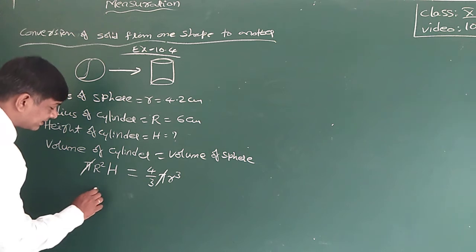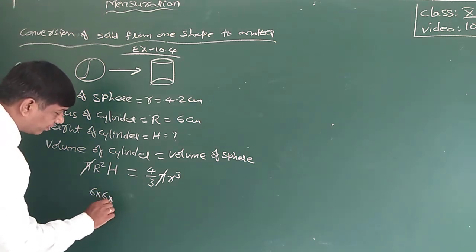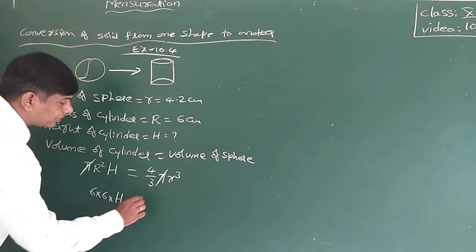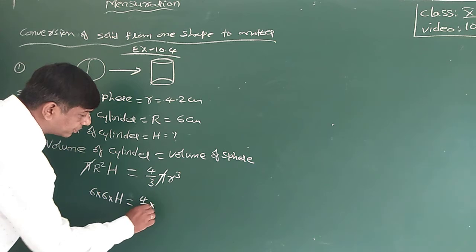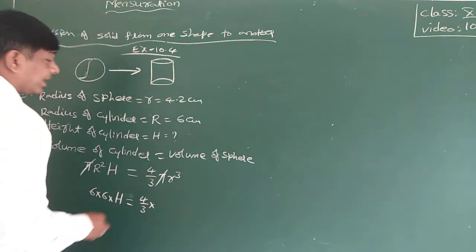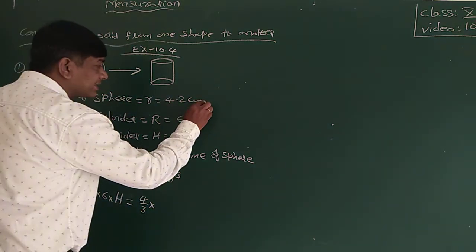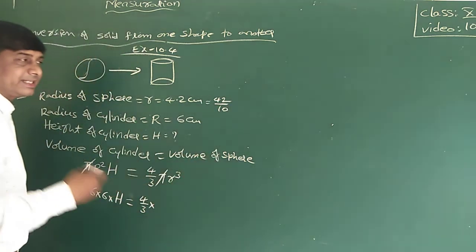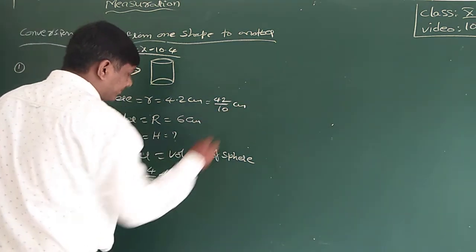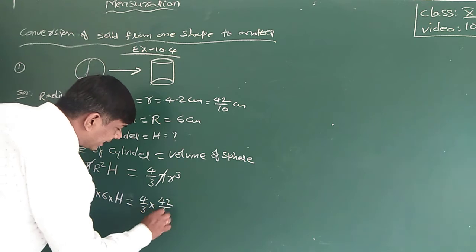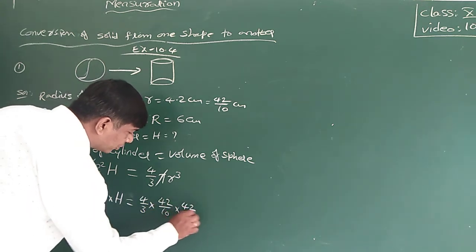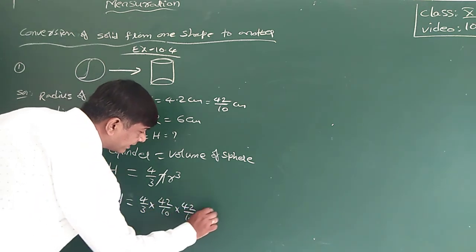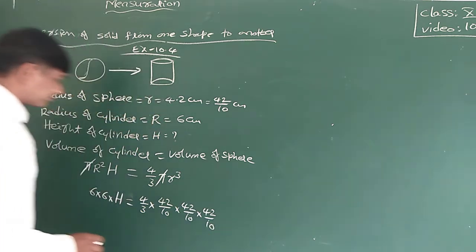Then R means 6 into 6 into H is equal to 4 by 3 into R cube. R cube can be written as 42 by 10 into 42 by 10 into 42 by 10 for easy calculation purpose.